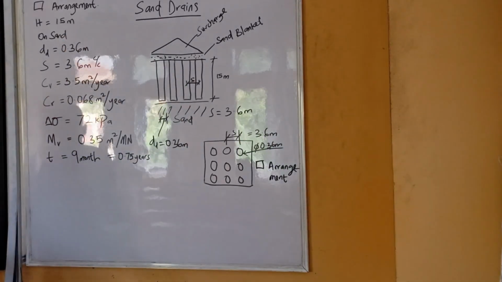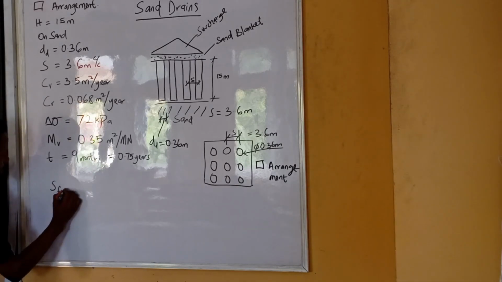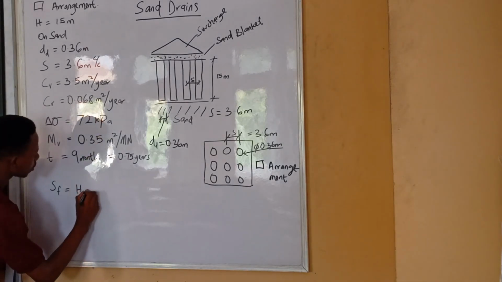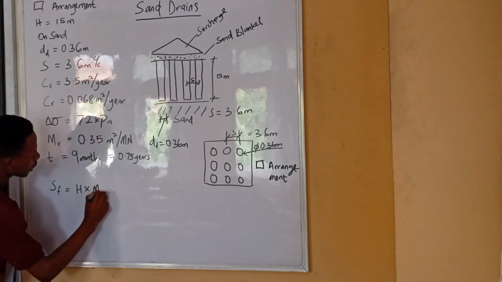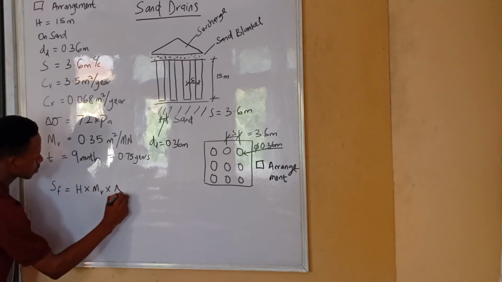So here now our SF, which is the final settlement, is defined as our H multiplied by MV multiplied by the stress.